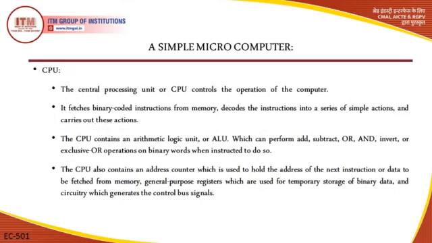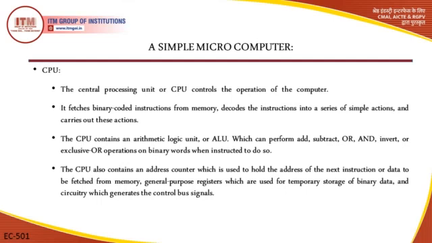Next, the CPU. The central processing unit, or CPU, controls the entire operation of the computer. How does it work? It fetches the binary coded instruction, that means the machine code of the instruction, which is stored in memory.